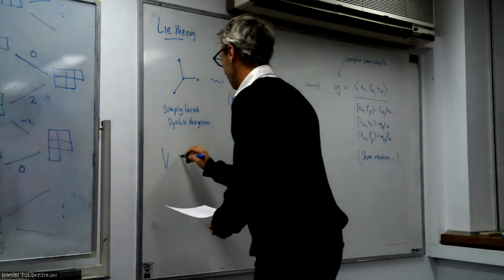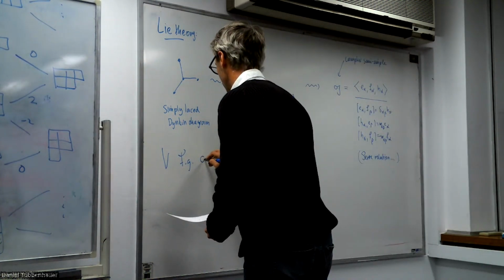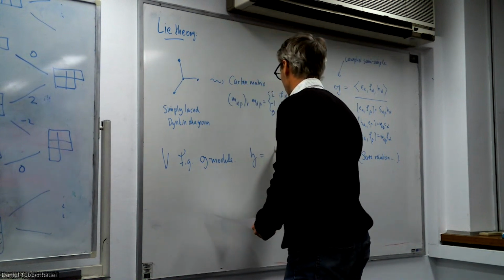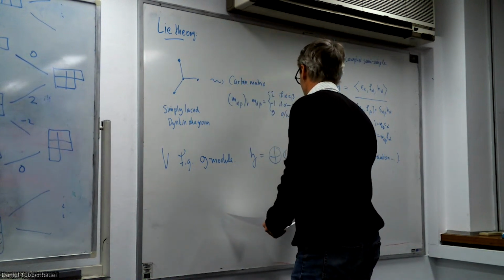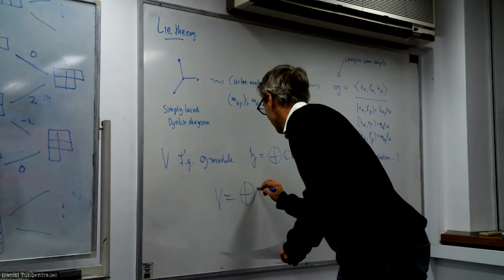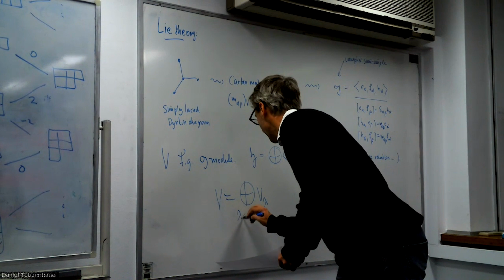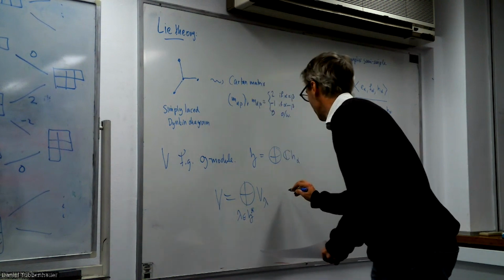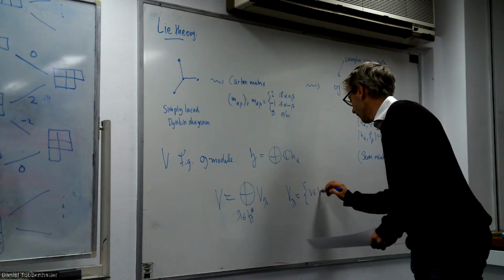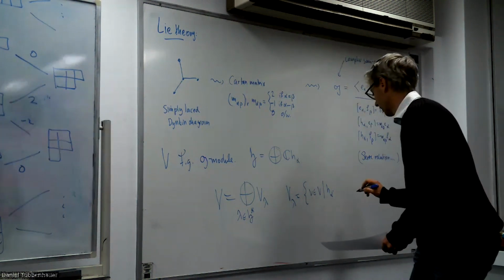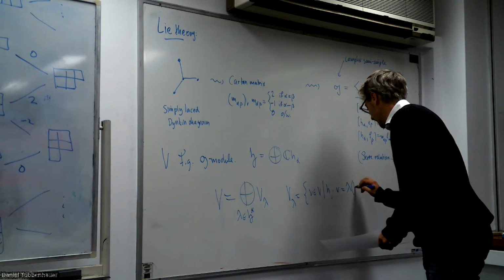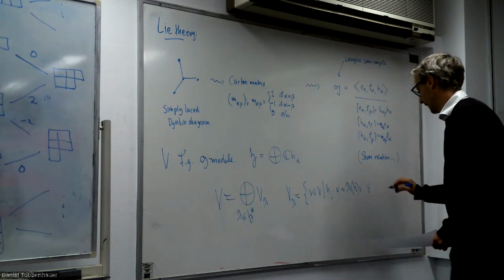If V is a finite dimensional g-module, we say the Cartan is the direct sum of the H alpha, and then V breaks up into weight spaces, V lambda, lambda in H star, where V lambda is the set of all v in V such that h dot v is lambda of h times v for all h in the Cartan.